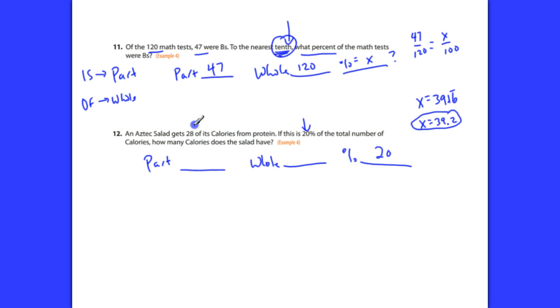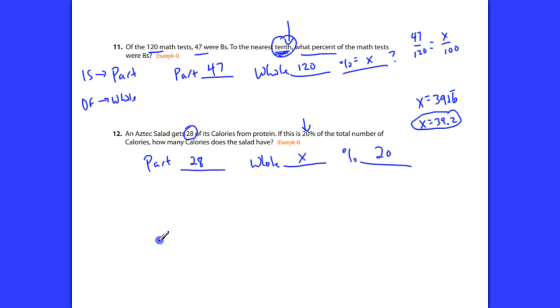So you can't really just rely on the word of because it's used several times here. So you have to really consider, is that 28 a part or is that a whole? Well, it's 28 of the calories from protein, but there could be calories from other things as well. So 28 is the part because there are other calories involved in this particular salad.